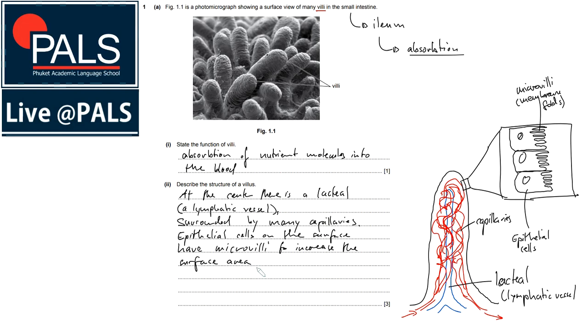And important here is, we don't need to get into explanations of these structures. It only says describe. So obviously, if it said describe and explain, then we would have to add a little bit more.